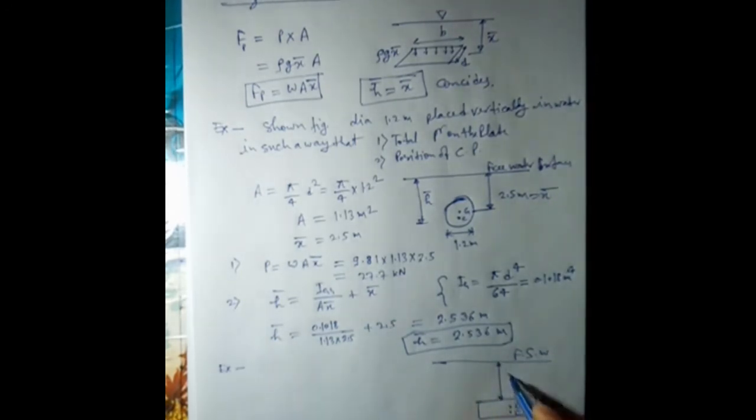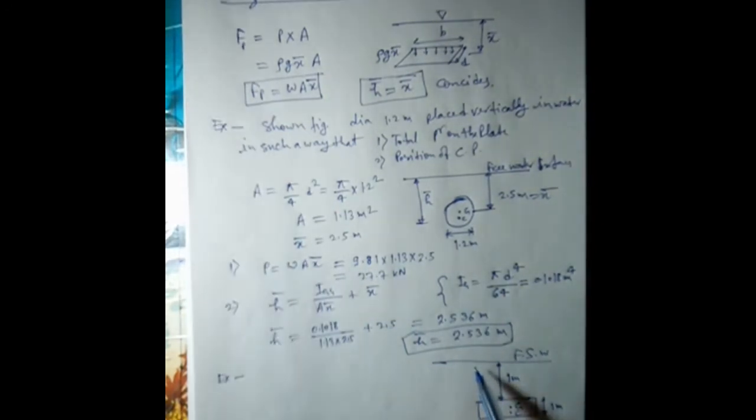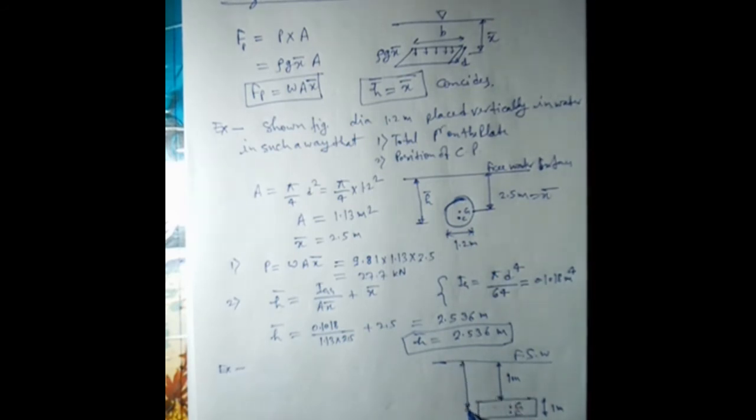This is 1 meter below the free surface, to the top surface of the plate. This is x bar, and this is the h bar, which is given in the diagram.